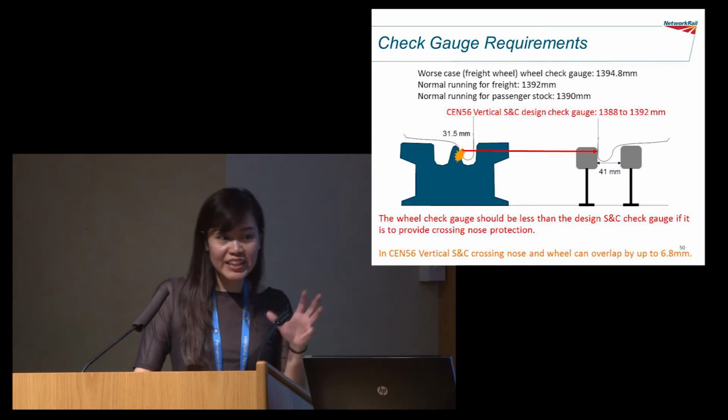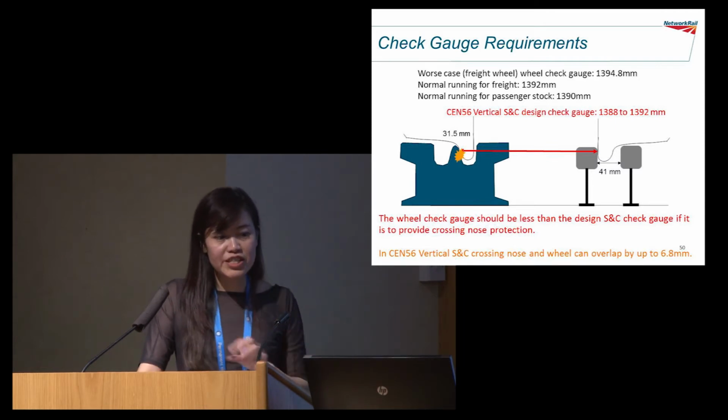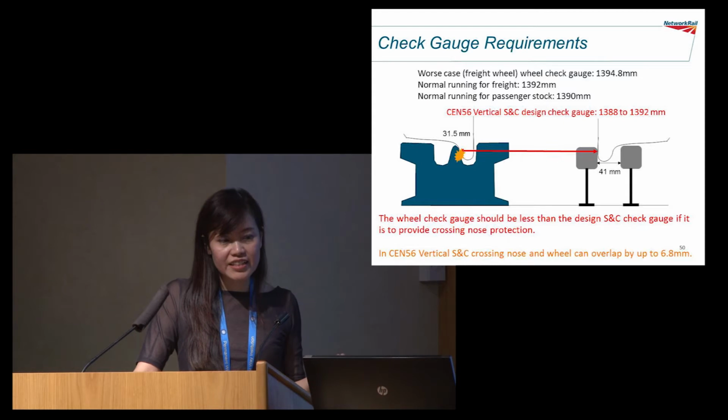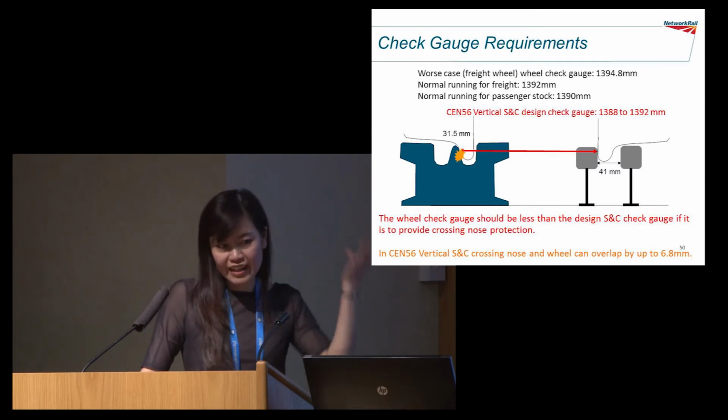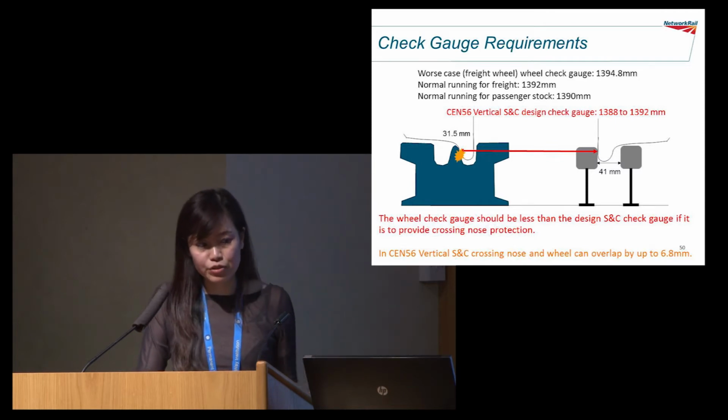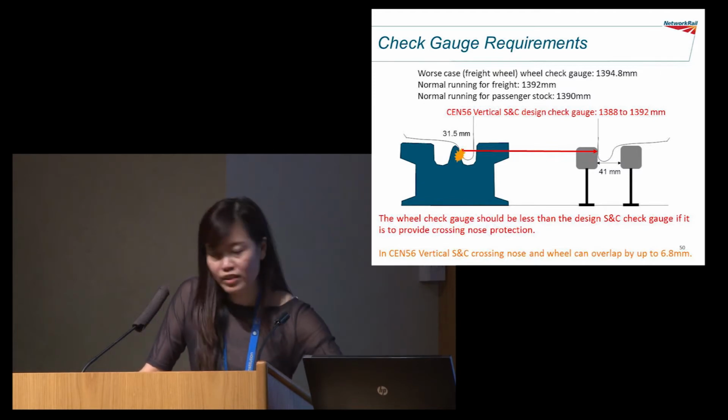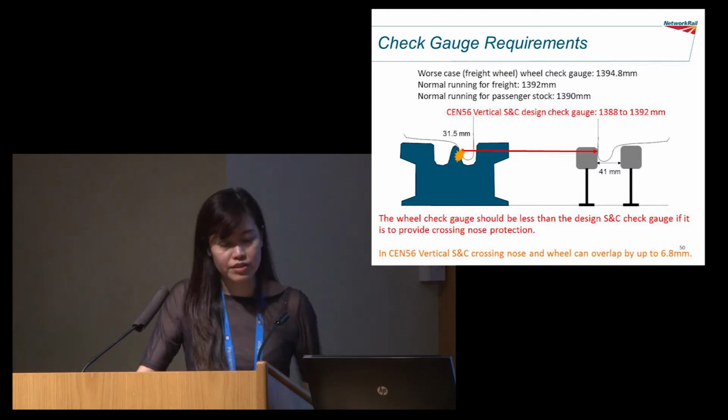If we look at the worst case wheel check gauge, it's 1394.8 mil. For normal running, so we don't take the extreme case, it's 1392. And for passenger stock, it's 1390. But what are we building our check gauge to?